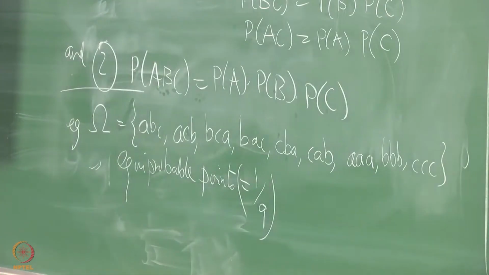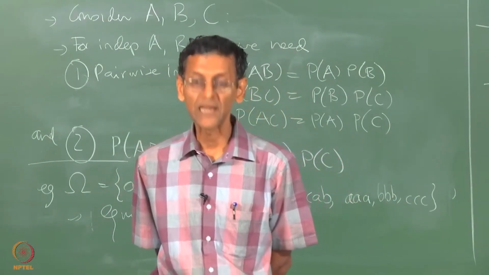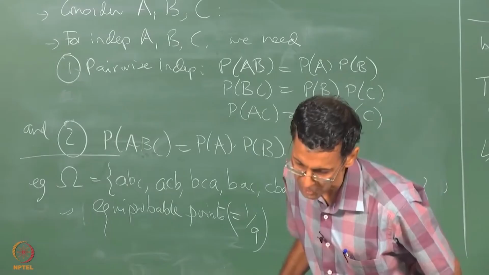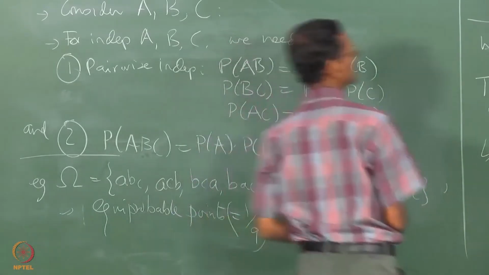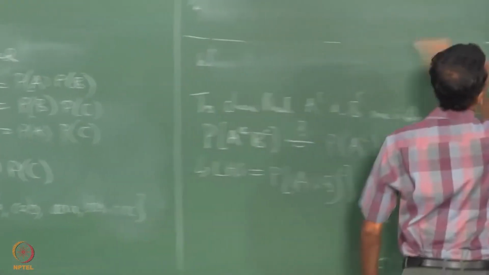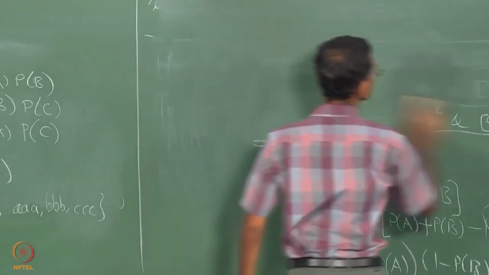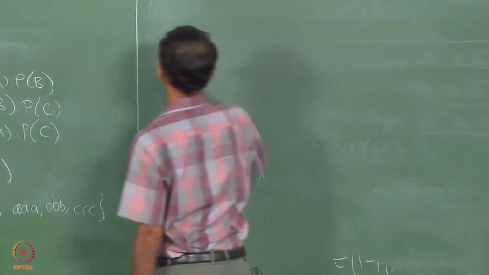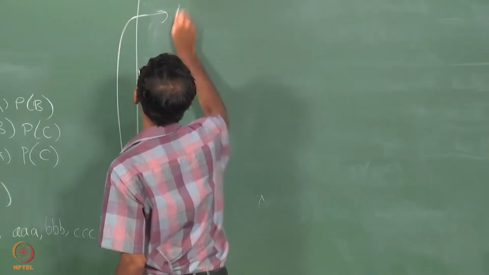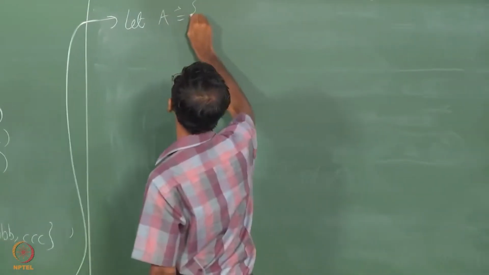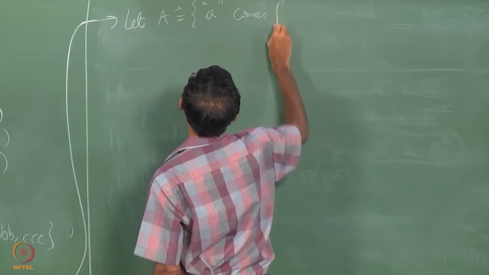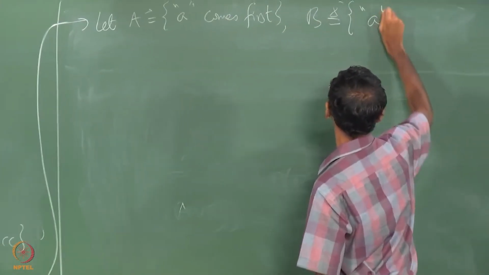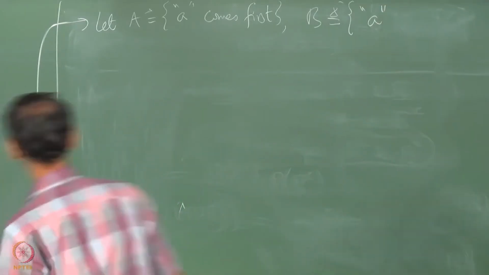Now how do I define A, B and C? Continuing this example, let A be the event that A comes first, and B, by definition, the event that A comes second.